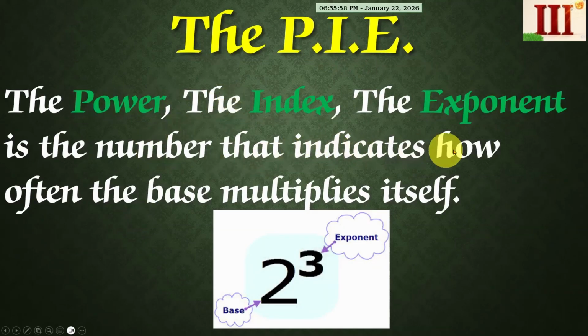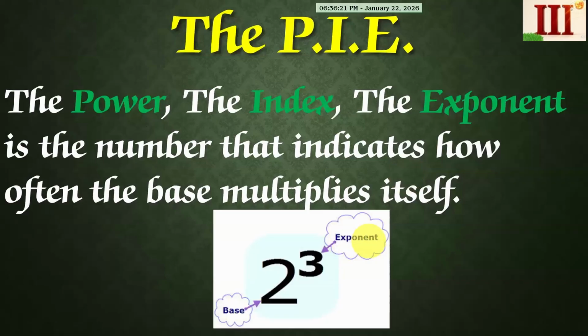This is the number that indicates how often you have to multiply the factor itself. So this is 2 to the power of 3, or 2 raised to the power of 3. Or 3 is the index of the base or the factor 2, or the exponent, however it is.